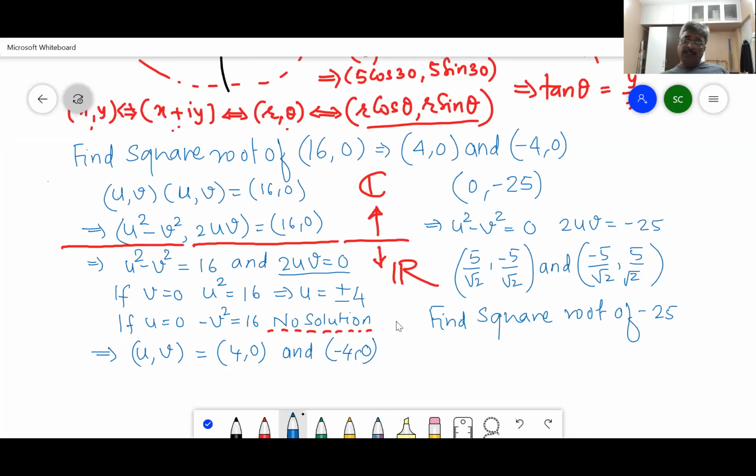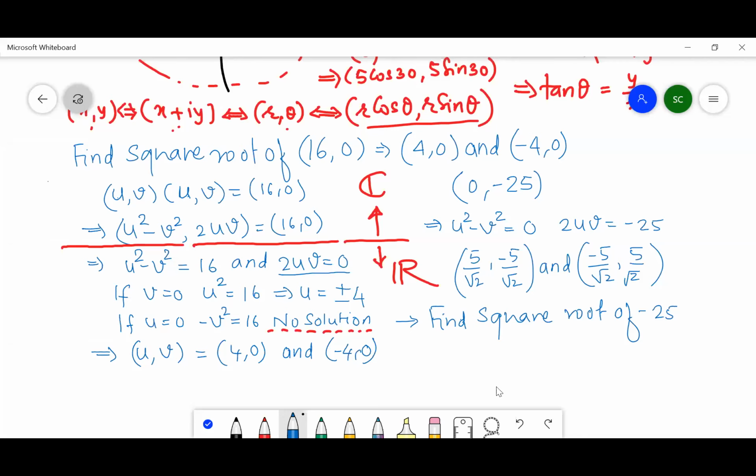Next question is the square root of minus 25. Okay, by doing similar calculations, u square minus v square is equal to minus 25 and 2uv is equal to 0, because the square root of minus 25 means, as an ordered pair, it is minus 25 comma 0.